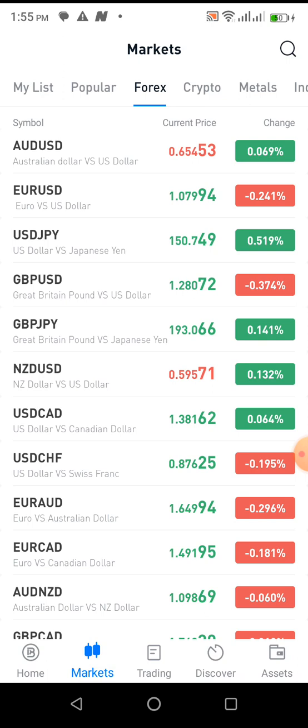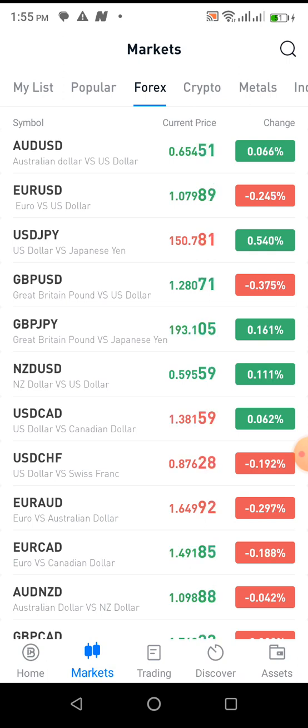So we want to place a trade. We can use any currency we feel like using.